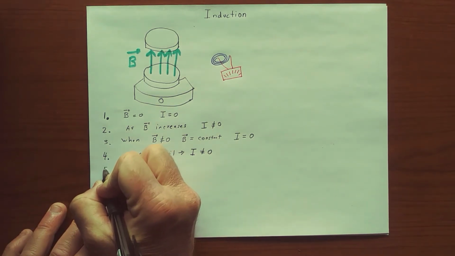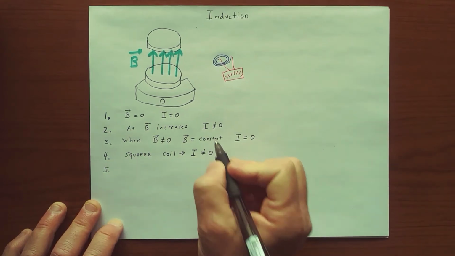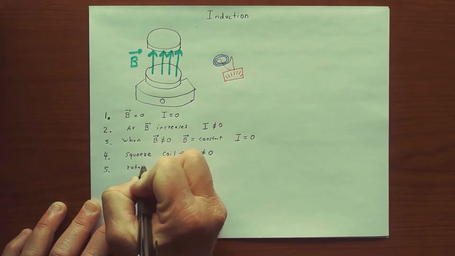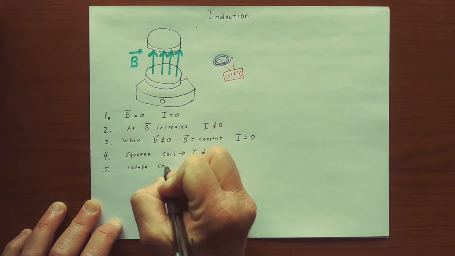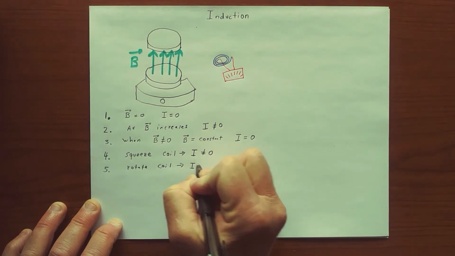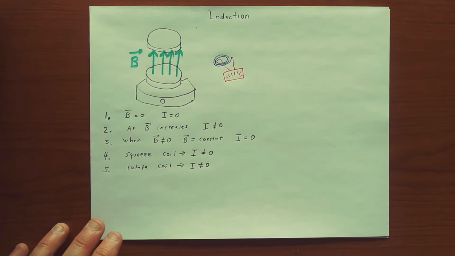Now let's keep our magnetic field as in number 4. It's a constant magnetic field, but we rotate the conducting coil, and again we notice that the current through the coil is not 0.